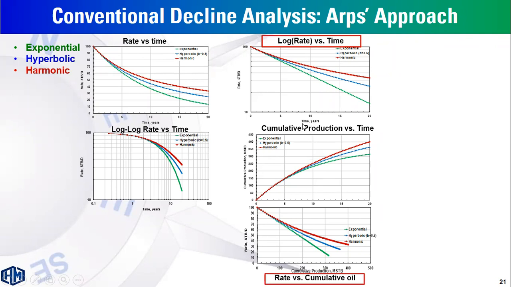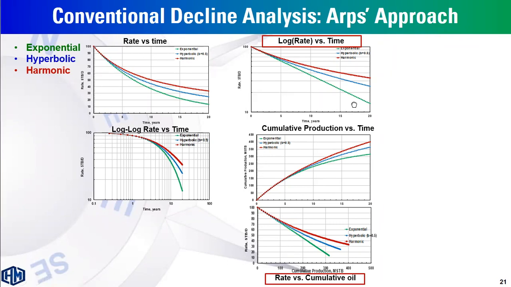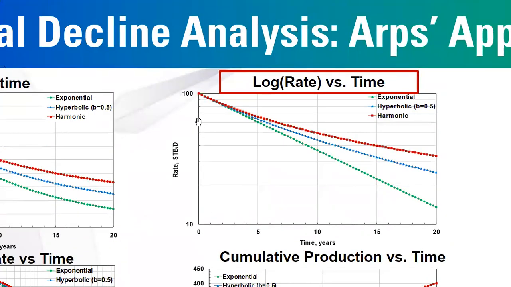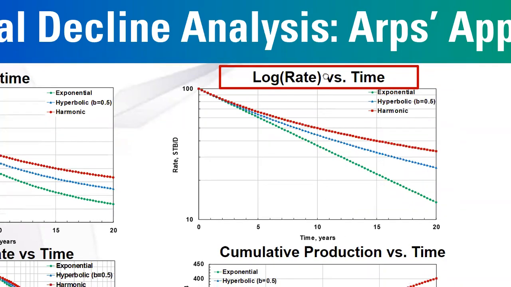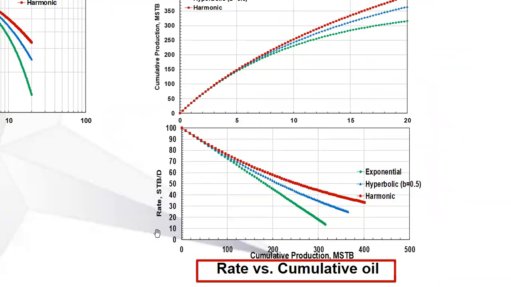But we have two common relationships to plot log q versus time. In that case, we have a semi-log plot for flow rate against time on the x-axis. For the exponential decline, you will have a straight line to identify the decline rate, and also if we plot the production rate against cumulative oil, the exponential decline will exhibit another straight line for this relationship.